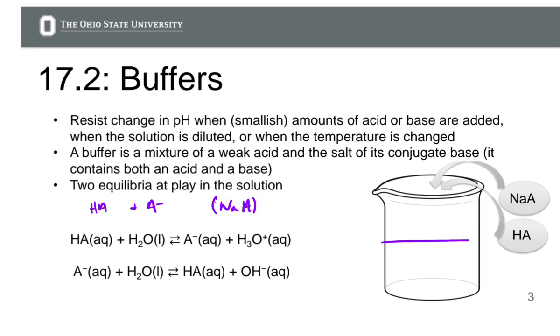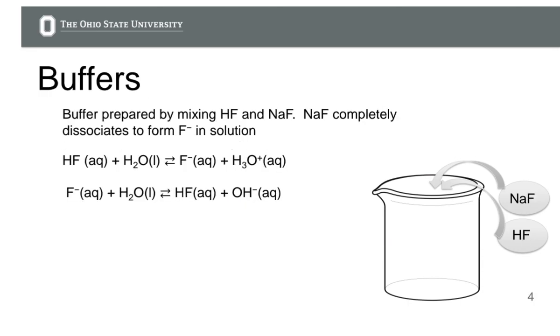So you can see that they are related because there's conjugate base on the reactant side for the first reaction, and it shows up in the second reaction on the reactant side, and conjugate acid on the product side of that second reaction. So if we upset one of the equilibria, the other can come in and account for some changes in the solution.